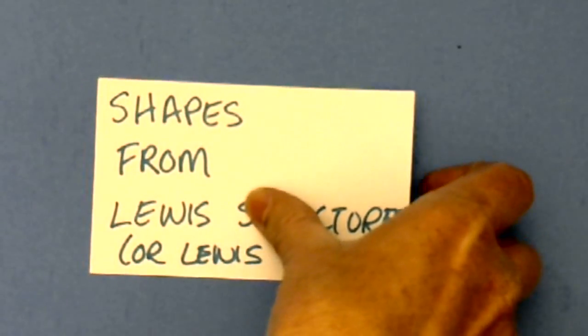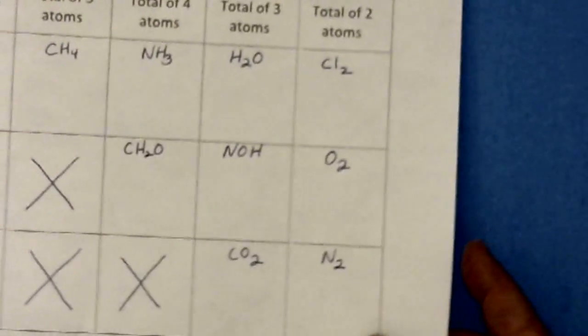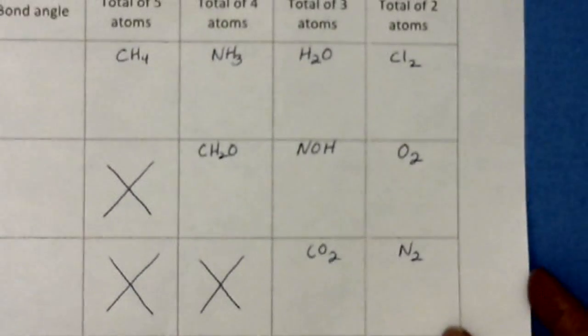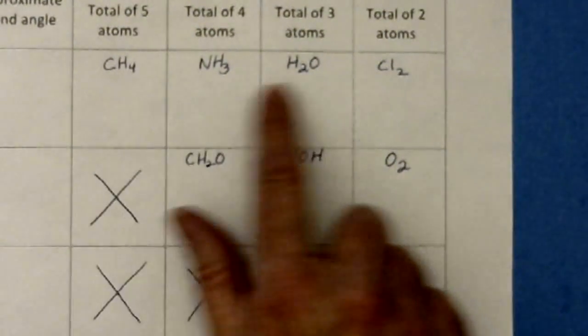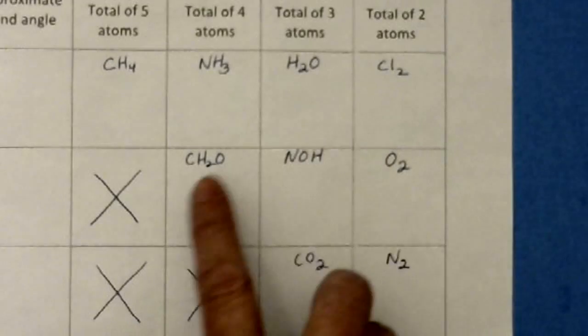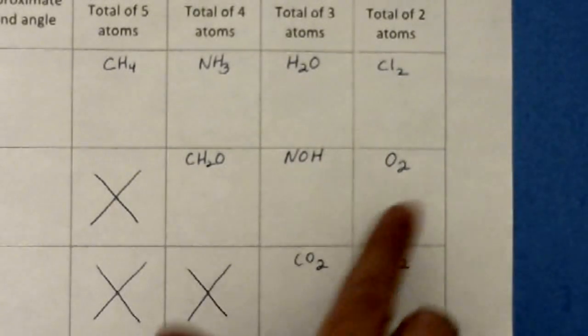Well, to do that, you need several things today to follow along with the video. So what do you need to have with you? You need to have this sheet, which is problem book 415. And these are the molecules that I gave out in class that you were supposed to draw Lewis structures. Those are the ones with the dots and the lines. And you were supposed to figure them out and put them on the sheet.